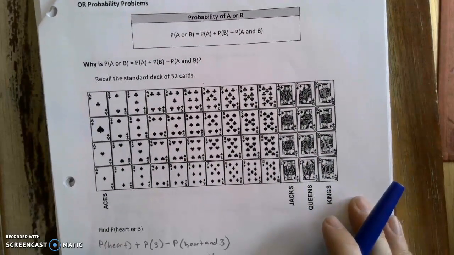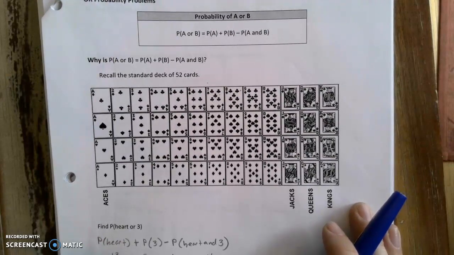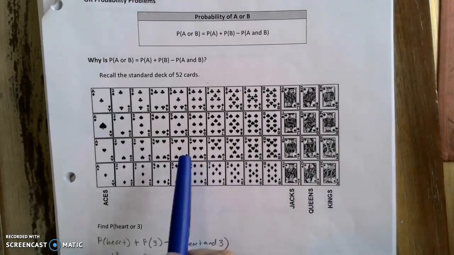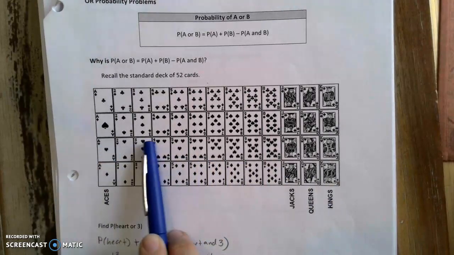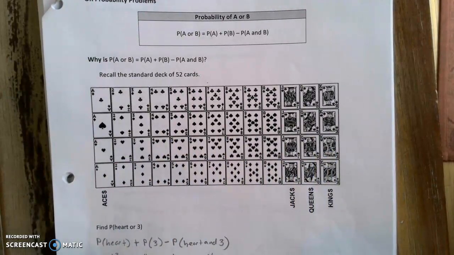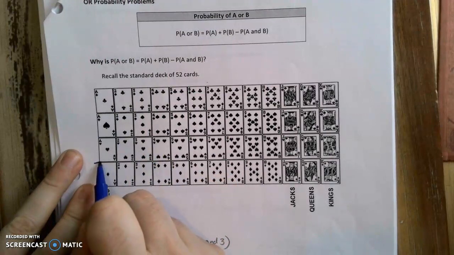Let's remember a deck of cards that has 52 cards in it. Let's find the probability that we have a heart or a 3. The probability of a heart would be any of these here, so we can go ahead and circle them.